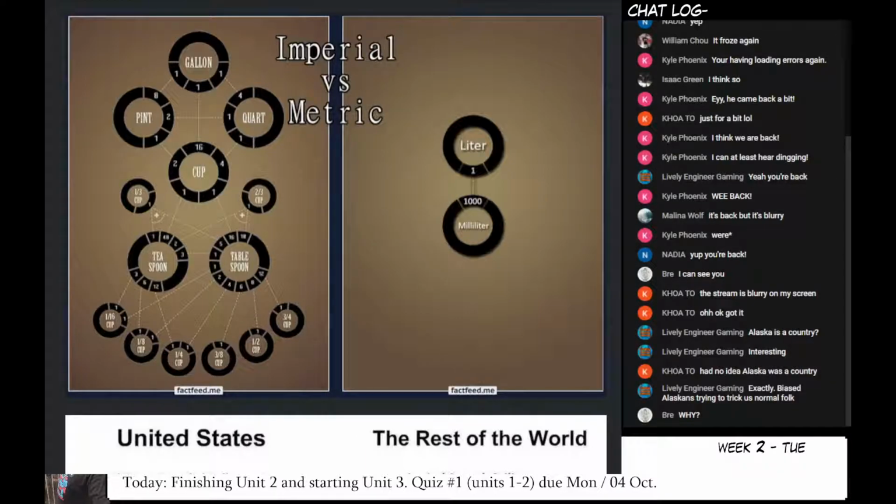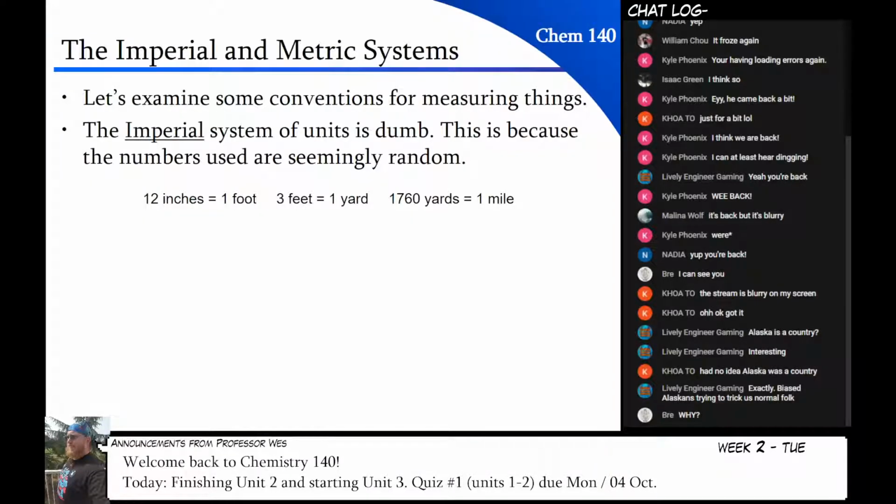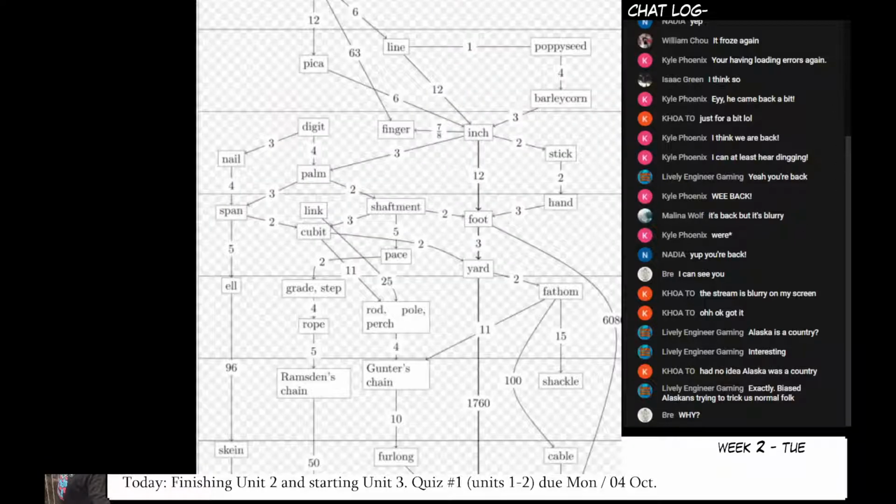In fact, there's another one that I have for length that I show students. Yeah, it's this one right here. I actually showed this to a friend of mine who does streaming for a living, and the running joke is that now everything we talk about is measured in barley corns.